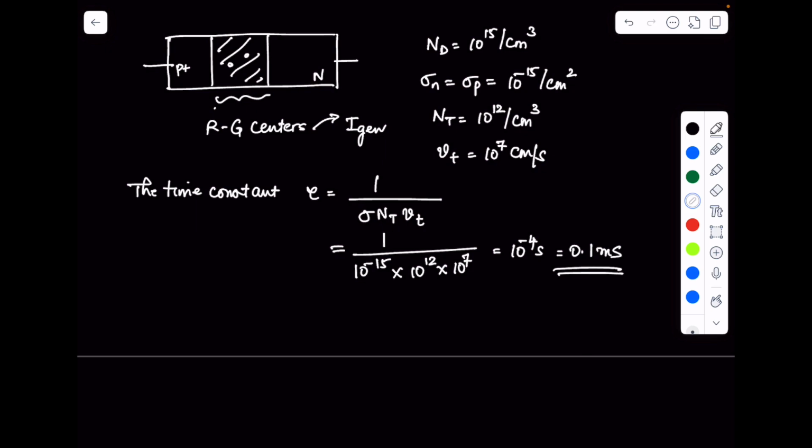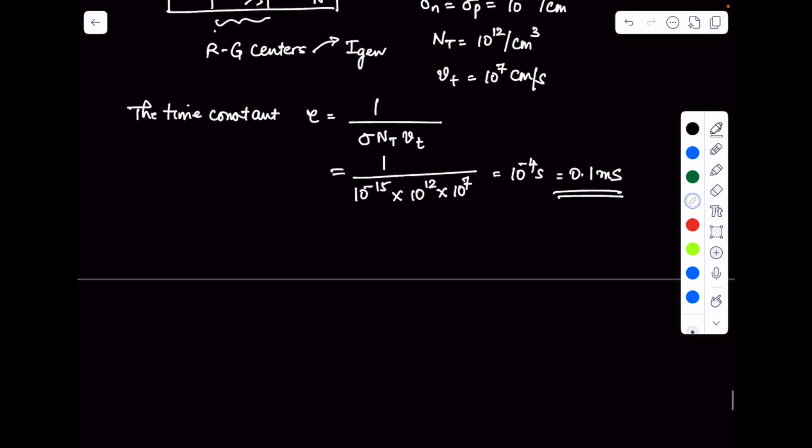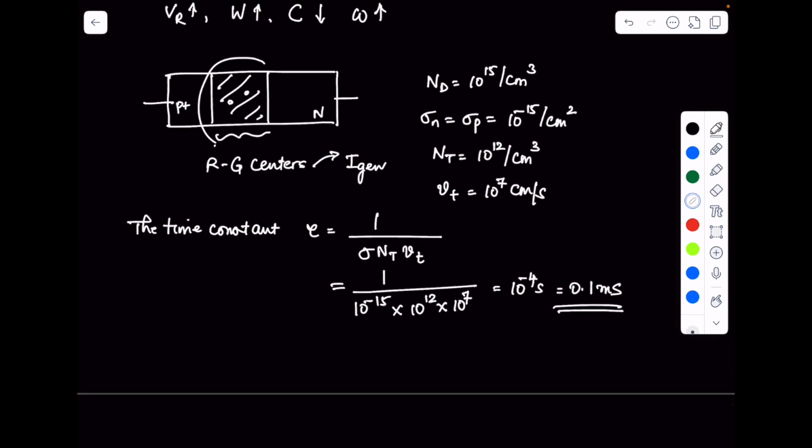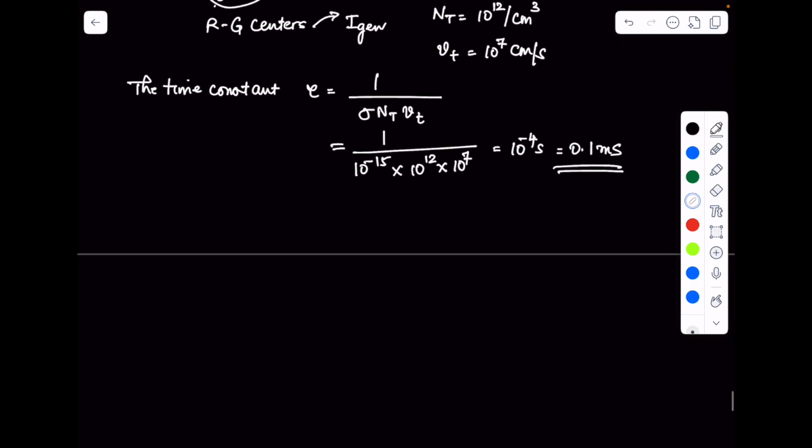Now what's going to happen? When you apply a reverse bias, you create a certain depletion width, and as your reverse bias increases, the depletion width increases, leading to a larger area where there's a probability of generation current being generated. Now you're given VR, which is 10 volts, and this is silicon.